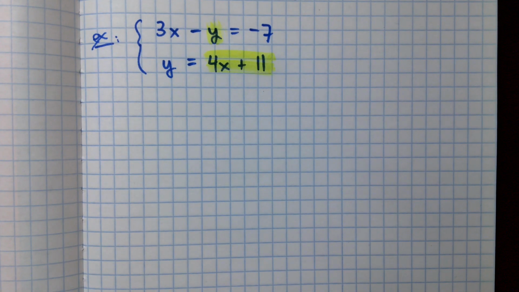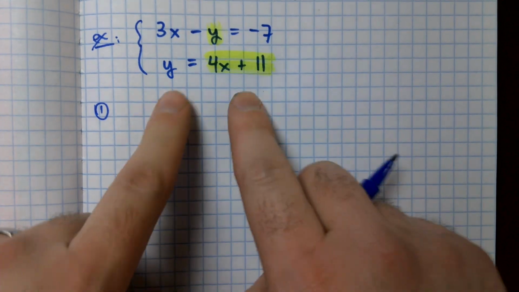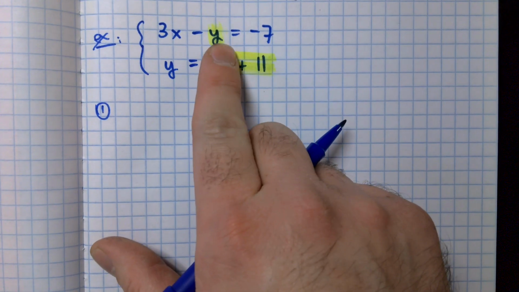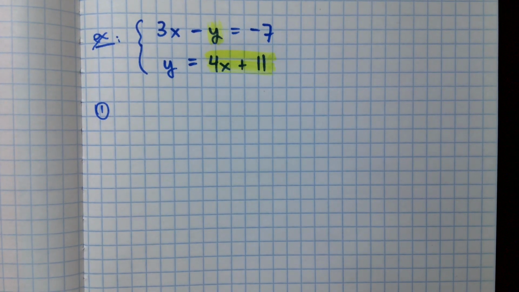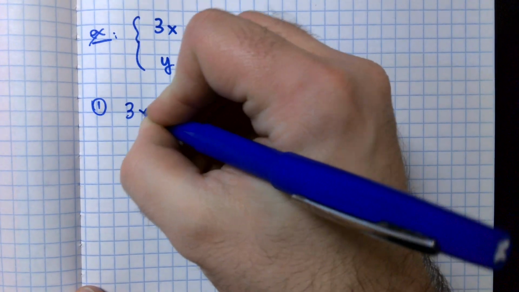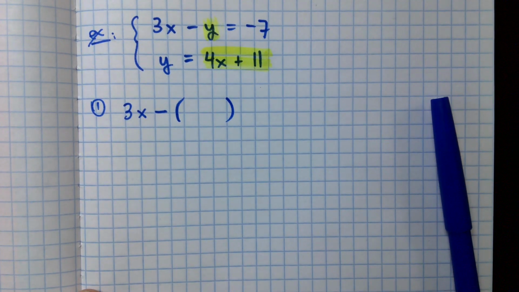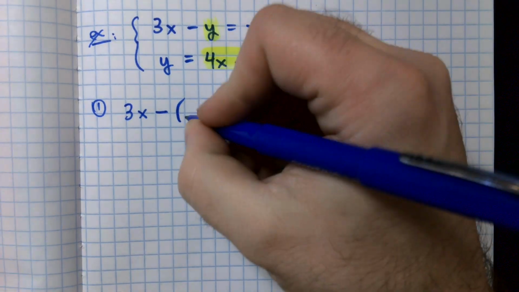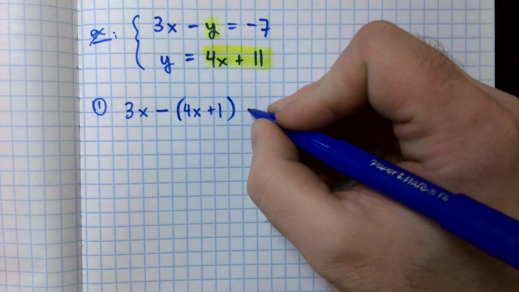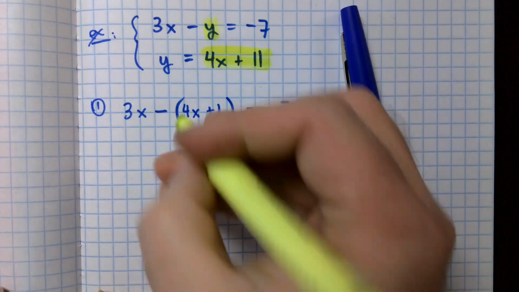Okay? Step 1. We're going to sub this guy in. So 3x minus y equals -7 becomes 3x minus the quantity of 4x plus 1 equals -7.